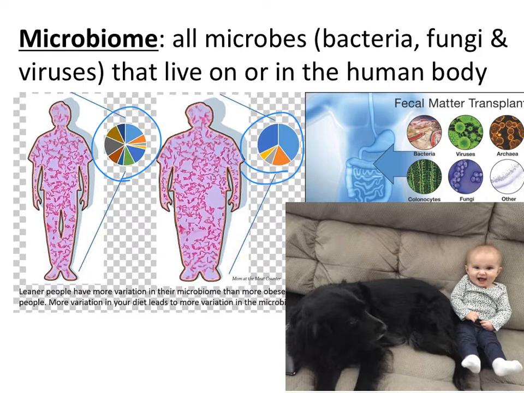So the big variety of foods then feeds a diverse group of bacteria that live inside of them. Whereas people who tend to be overweight or obese eat more of the same types of food. Again, that's a generalization. But they eat more of the same types of food, so they're only feeding certain species of bacteria, and those are then the bacteria species that are inside of them. So people who tend to be healthier have a more diverse set of microorganisms living inside of them.